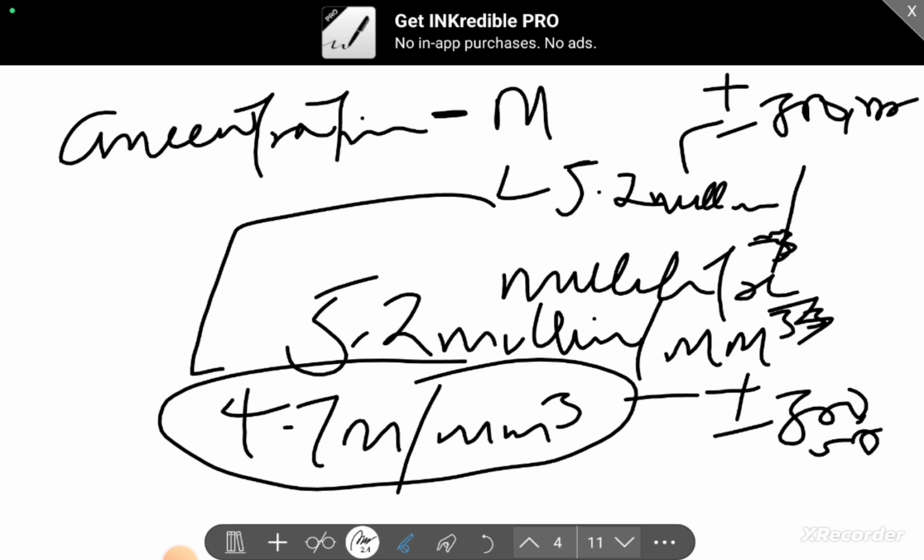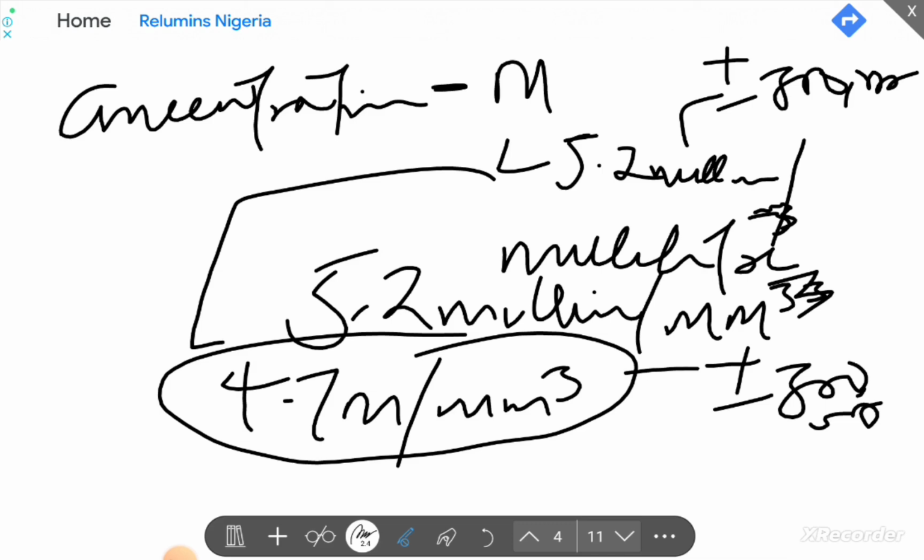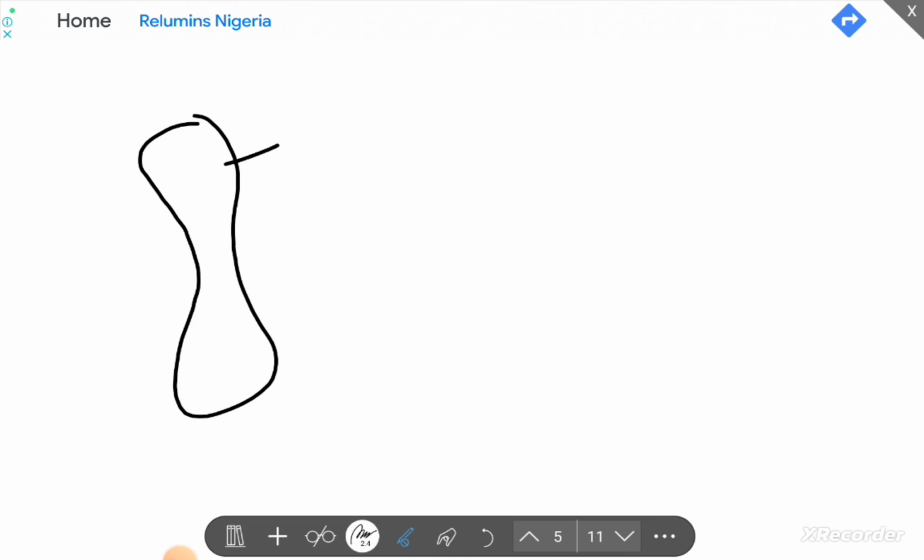So now let's move on and talk about the structural component. I think we should also talk about the hemoglobin inside the red blood cell. If we have the cell membrane this way, there are no organelles: no nucleus, no mitochondria, no rough endoplasmic reticulum, no smooth endoplasmic reticulum, no Golgi bodies.